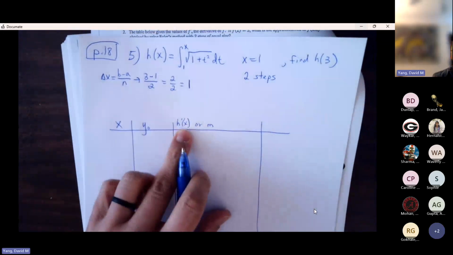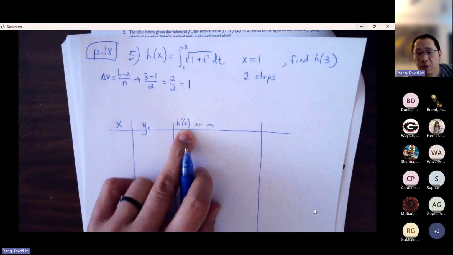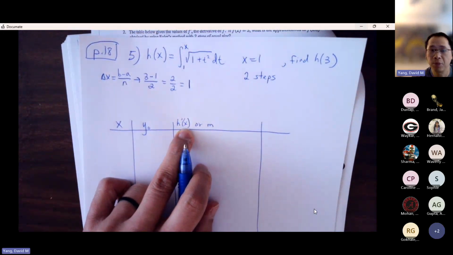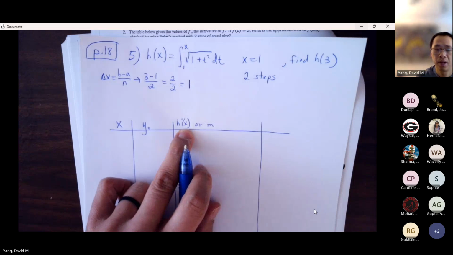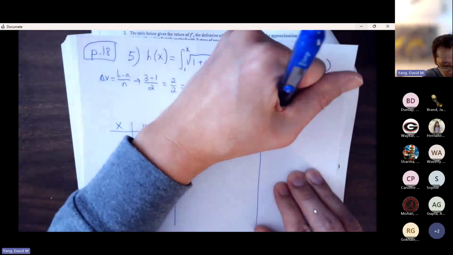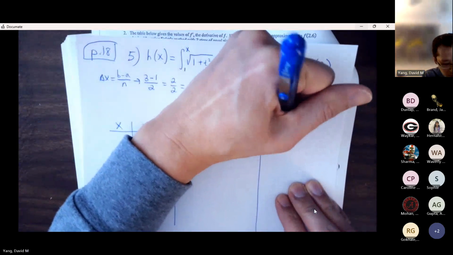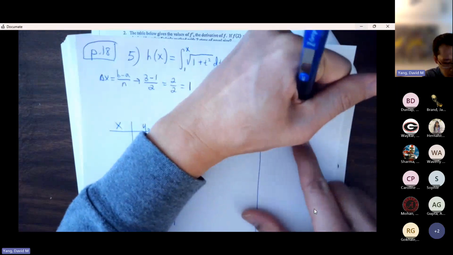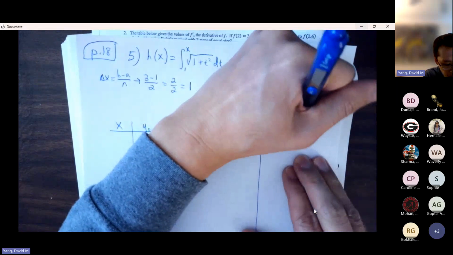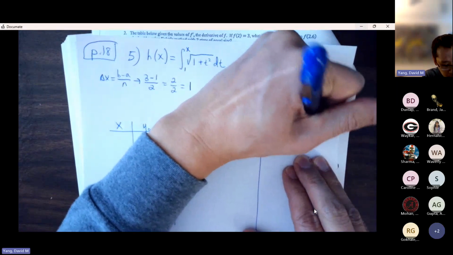In this case, h prime is going to represent how I'm going to find my slope. And then my y is y sub 0 plus f prime, or h prime, or m, times delta x.